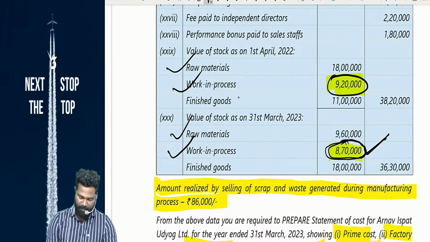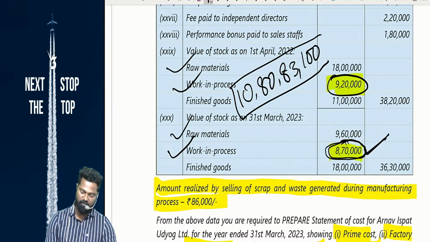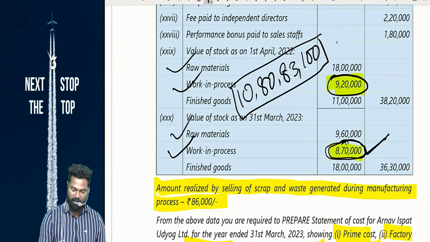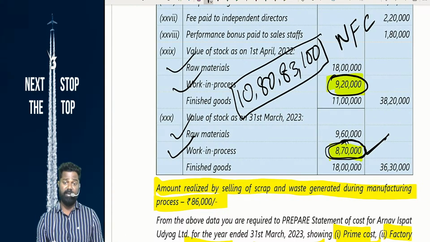Again I'll write here 10 crores 80 lakhs 83,100 is your total amount of net factory cost. I'll write net factory cost. All clear? After that, what will we be adding?